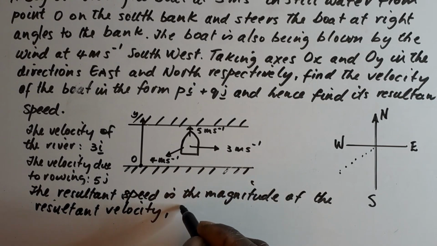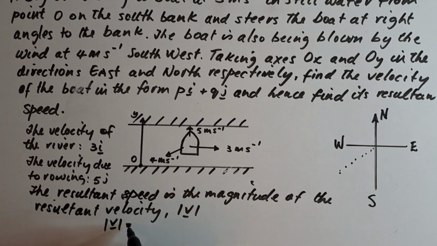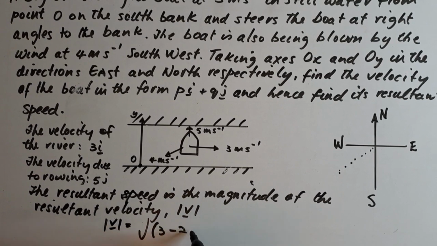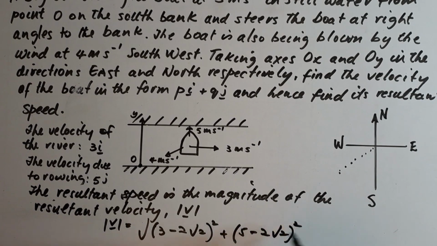And that's denoted as this. That's how we denote the magnitude of the velocity, and that's where the root of 3 minus 2 root 2 squared added to 5 minus 2 root 2 all squared.